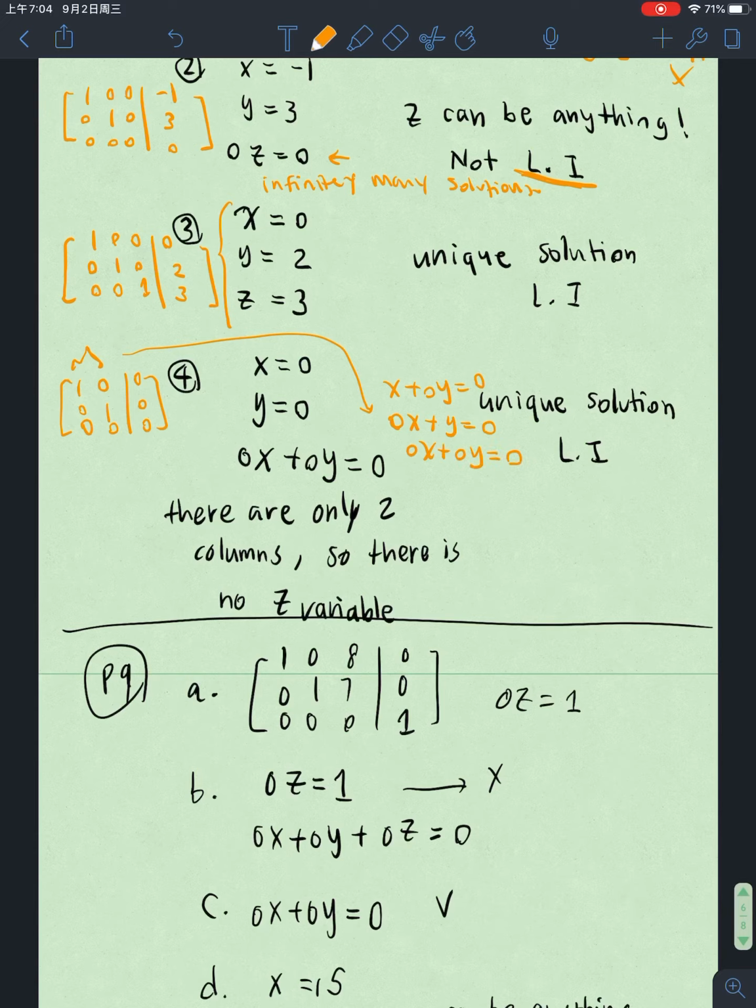So here both x and y are 0, and the third one is true. So for this one, it's still a unique solution, and it's linearly independent.